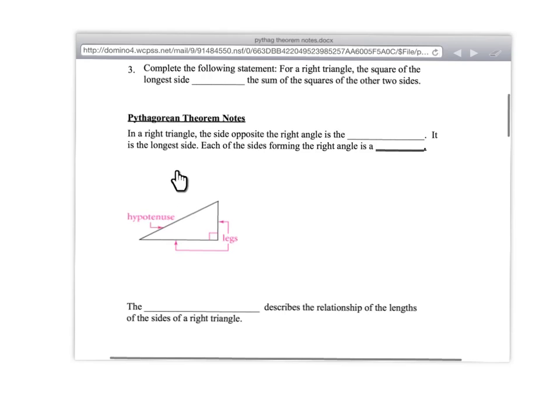It is the longest side. Each of the sides forming the right angle is a leg. This example right here should be written down. If you need to know how to spell the word hypotenuse, it's right here.